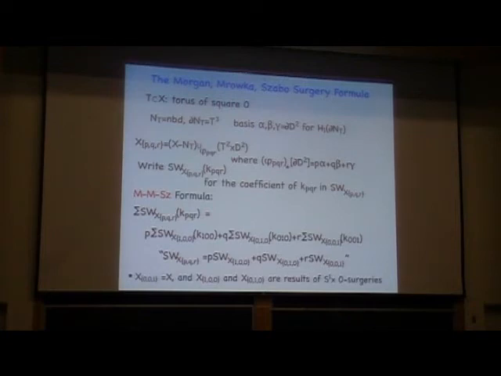Notice what this says: if you do surgery by killing the PQR curve on T3, then that's P times the surgery for killing the 1, 0, 0 curve plus Q times the invariant for killing the 0, 1, 0 curve and so on. Notice that third one, you're killing the meridian, so you get X back again. And the other two are the results of what you could think of as S1 cross 0 surgery.